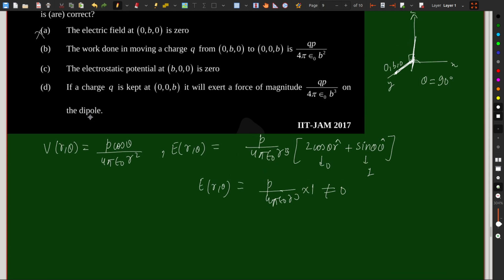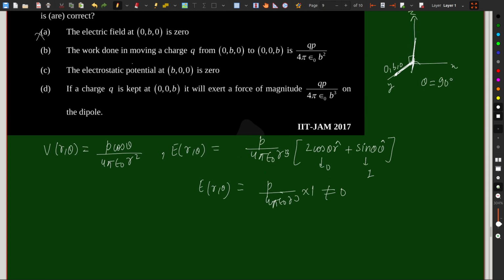Option B: work done in moving a charge Q. Work done is given by Q times the change in potential, final potential minus initial potential, from (0, 0, b) to (0, b, 0).